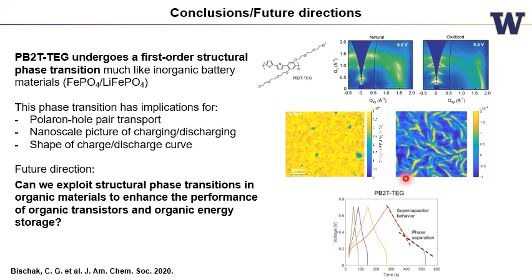And last, we showed that it has this very unique charge-discharge behavior. I think that this phase transition has really big implications for how devices using these materials will operate. And so the future is really, can we exploit these transitions in organic materials to enhance the performance of things like organic transistors or organic energy storage?